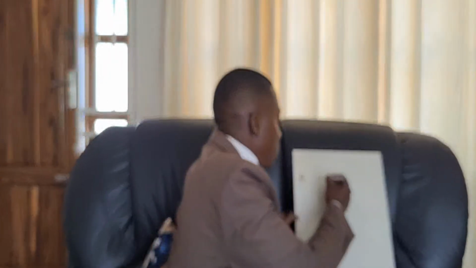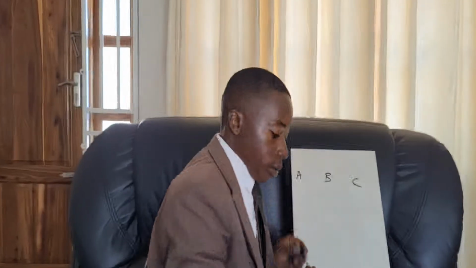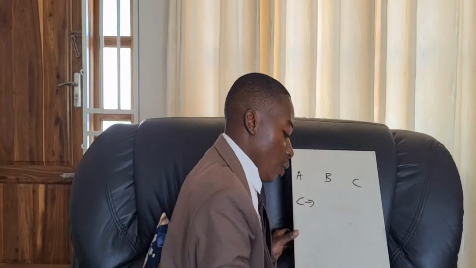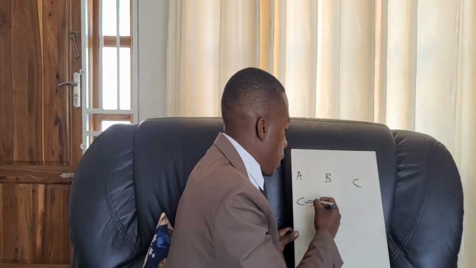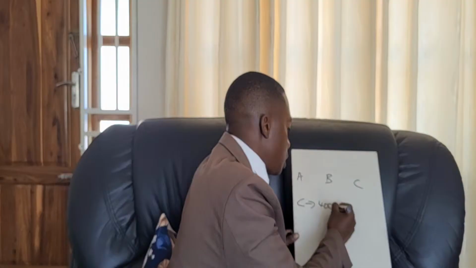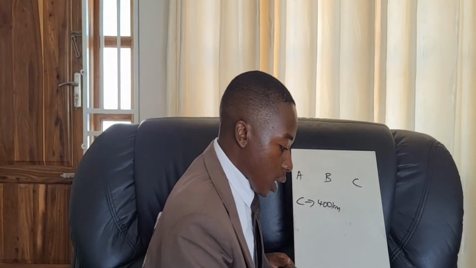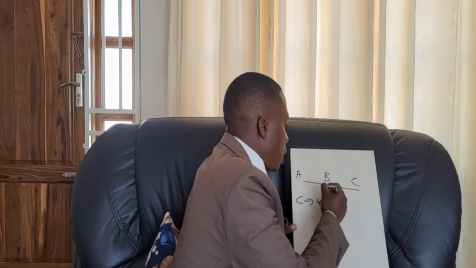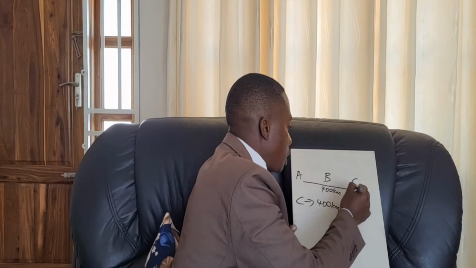A, B, and C are situated along a straight road, such that C is 4 times 10 to the power 2. 4 times 10 to the power 2, that's 400 kilometers. So C is 400 kilometers from A. From C to A, this is 400 kilometers.